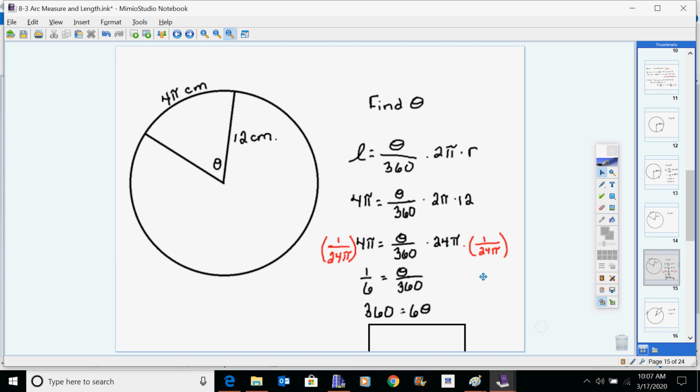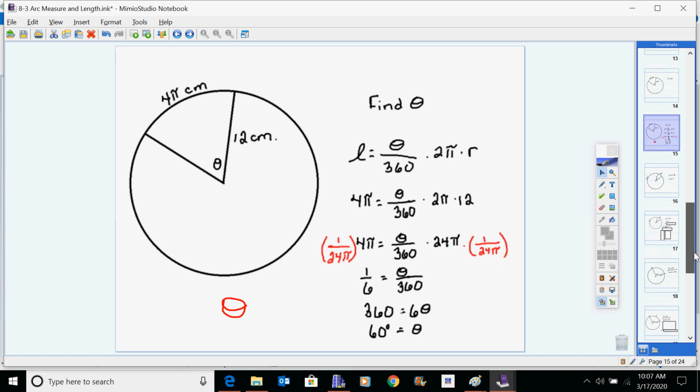Even though it's a strange Greek letter theta, remember we make it by doing this. You just divide both sides by 6 like any other algebra problem, and we get that our answer is this is a 60-degree angle. So you use your algebra skills that you bring forward from Algebra 1 and use this formula to be able to solve.